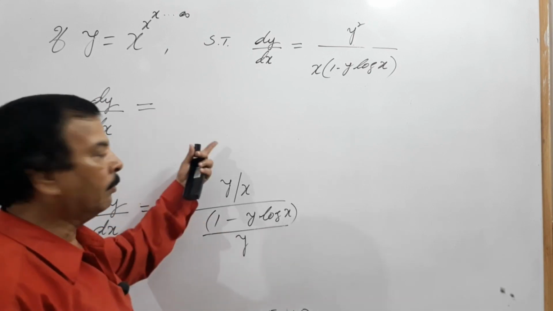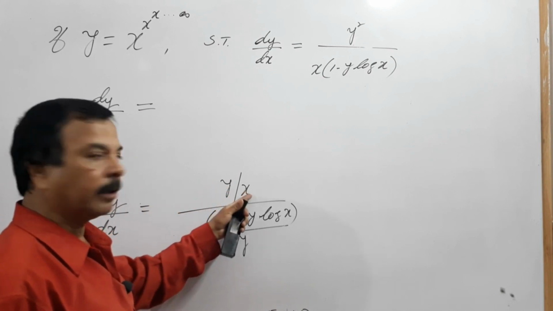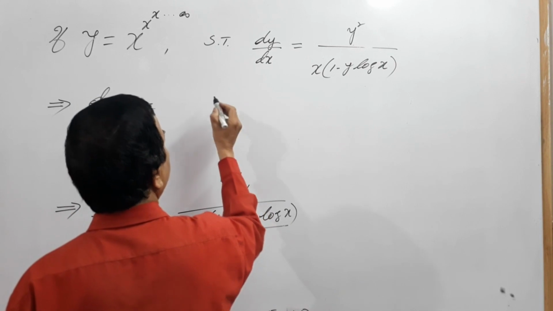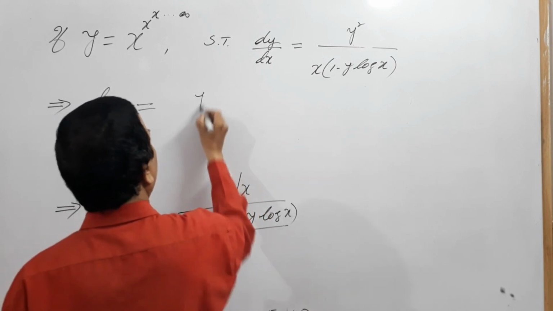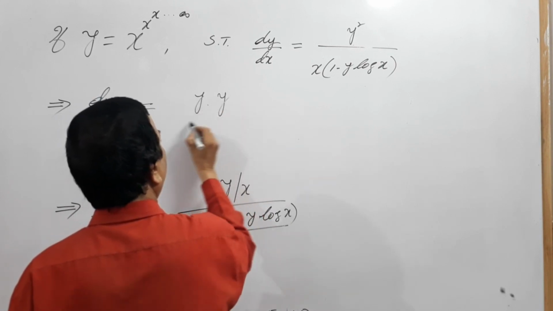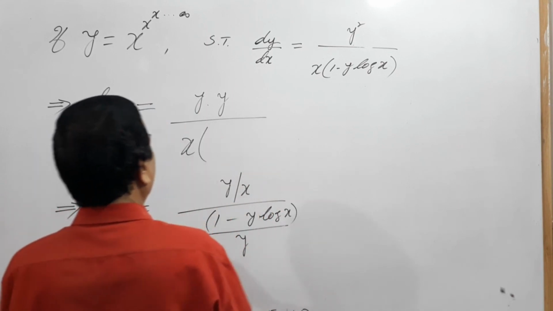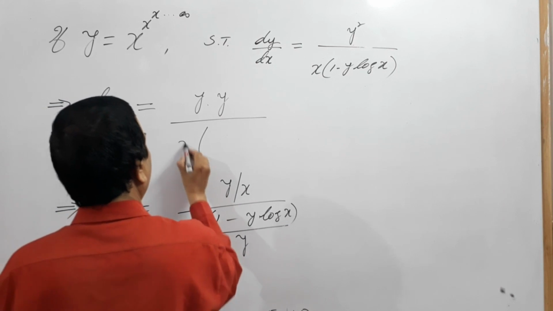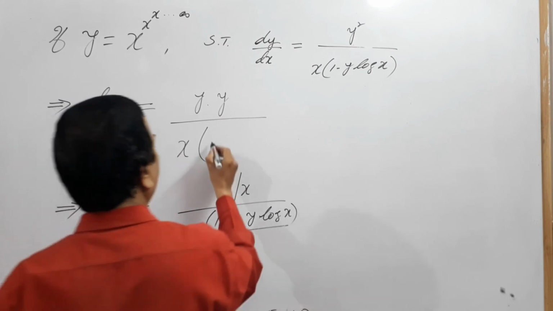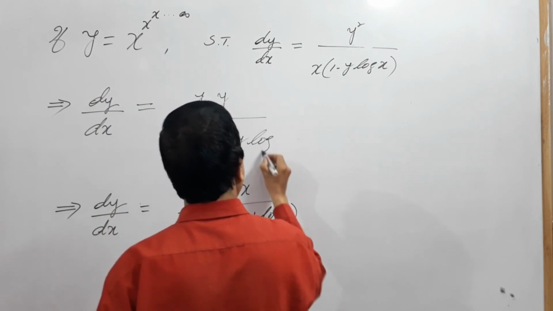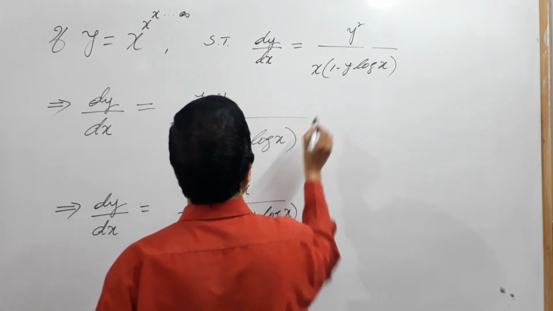This y goes to the numerator, and this x comes to the denominator. So that is y into y, and x into 1 minus y log x.